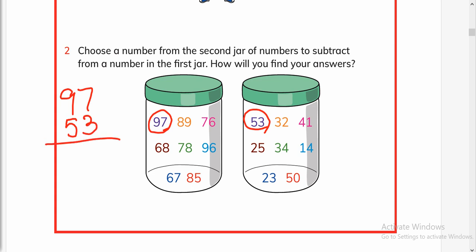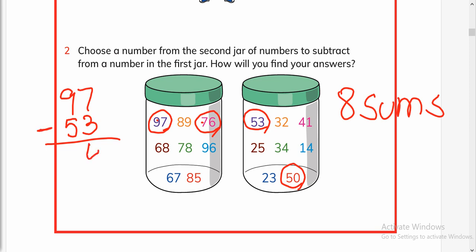They didn't say you have to follow the order. You can pick any number or subtract any number, like 76 minus 50, but you have to use all the numbers. It means you have to make 8 sums in all. So it is subtraction and you'll get 40.